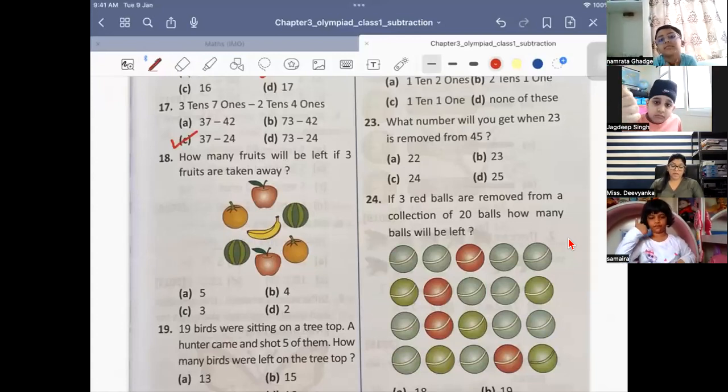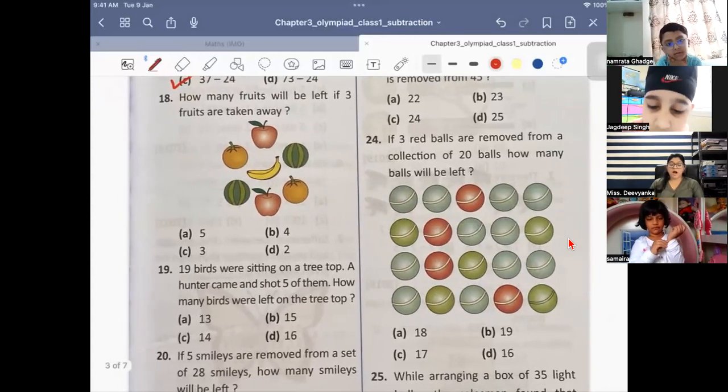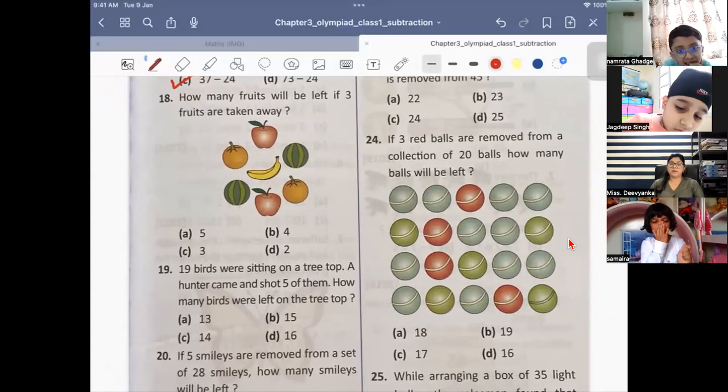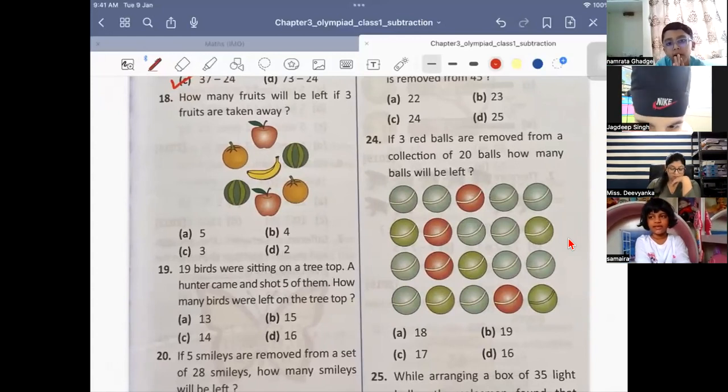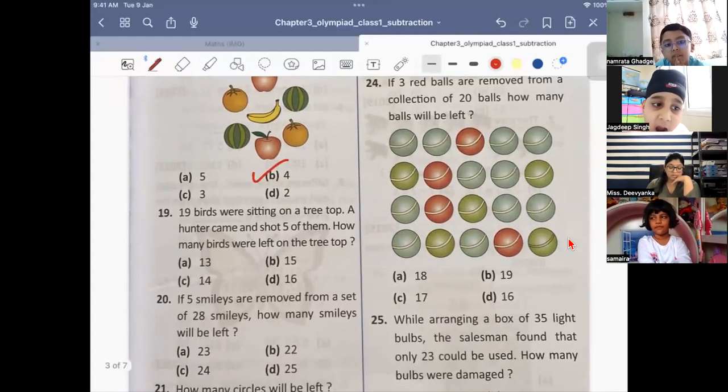Yes? Okay. Question number 18. How many fruits will be left if 3 fruits are taken away? So count and give me the answer. Ma'am, 4. Correct.